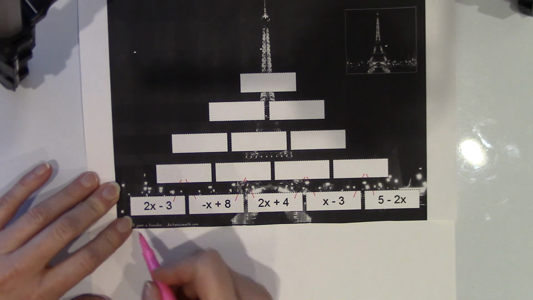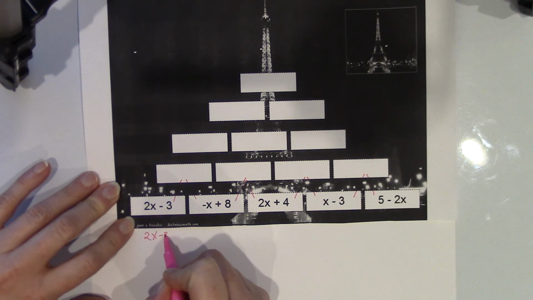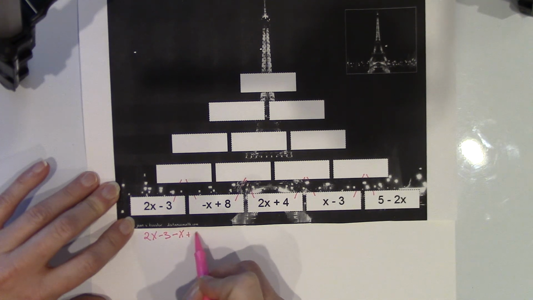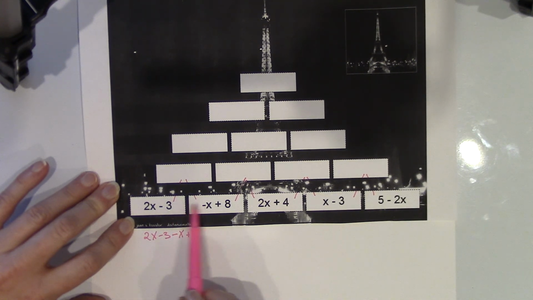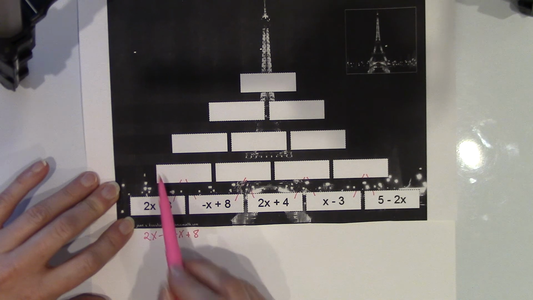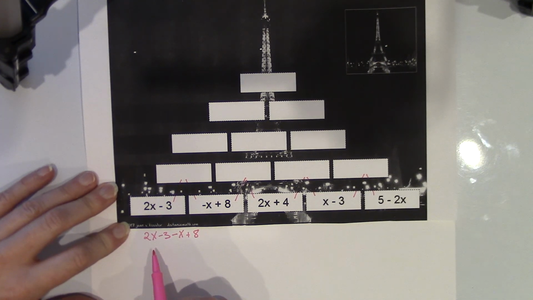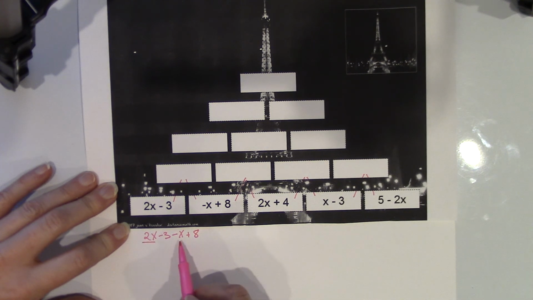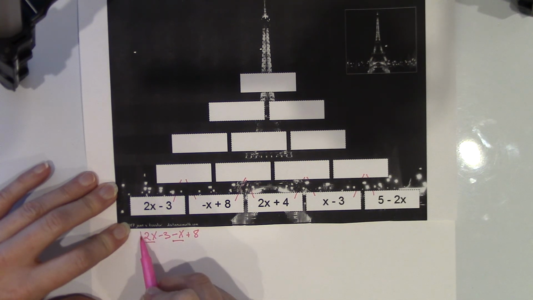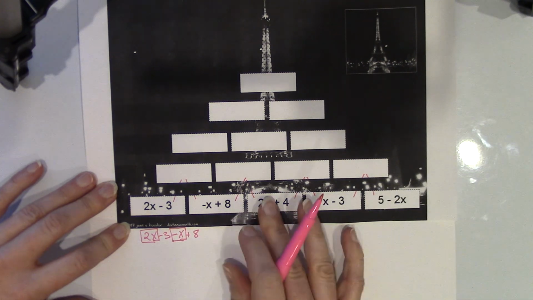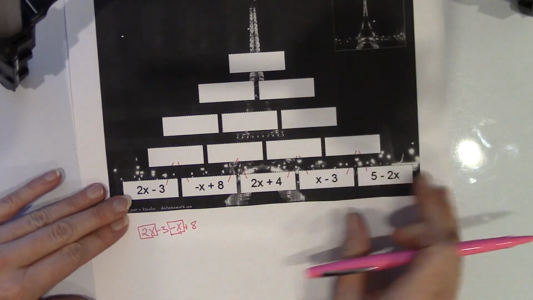Alright, so here I have 2x minus 3. Then I'm going to combine that with negative x plus 8. I'm going to combine these two terms together to get the answer to this box. My like terms here are the 2x and the negative x. I'm just going to put a square around those.